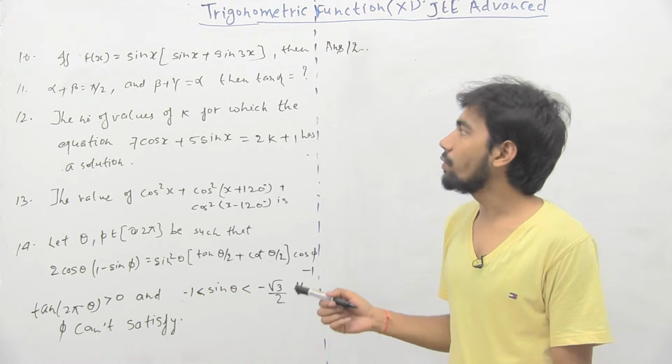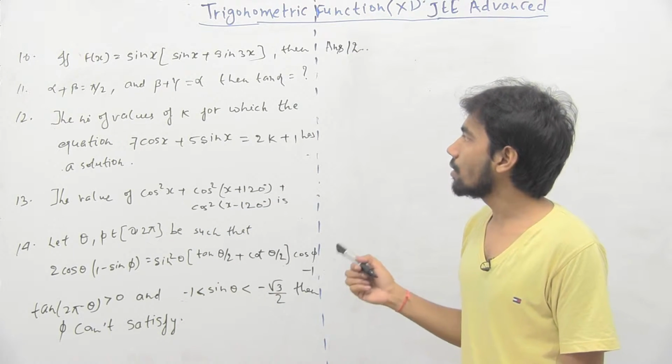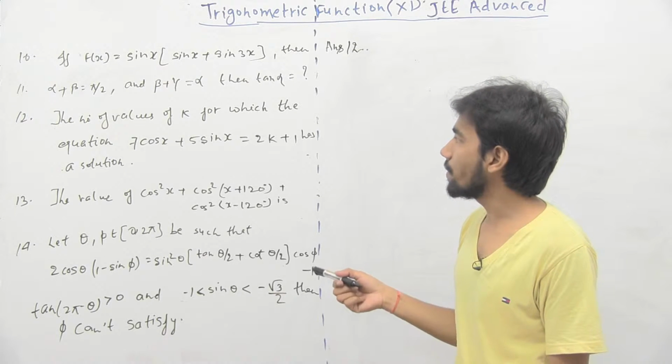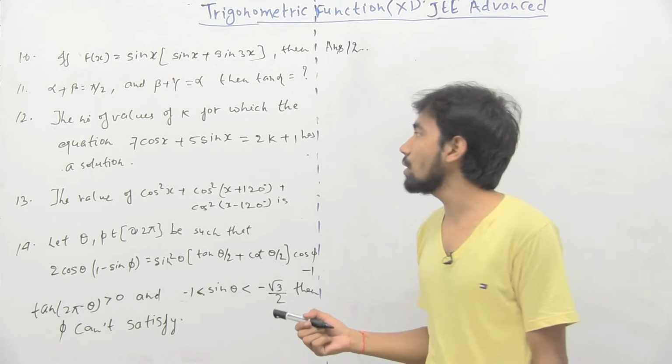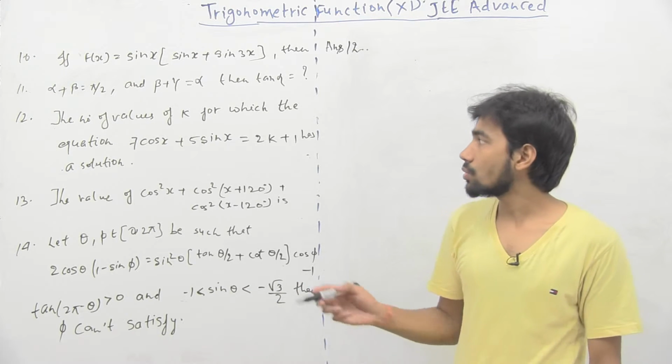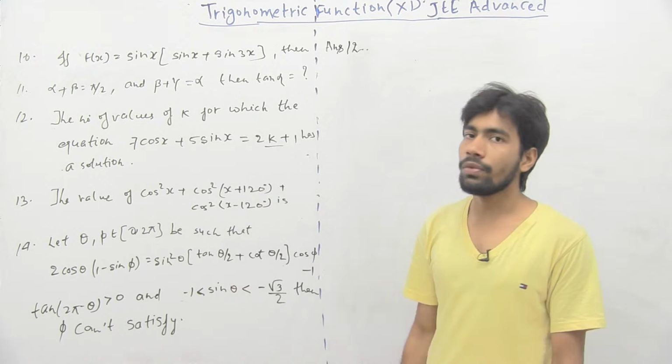Now see question number 12. The values of k for which the equation 7 cos x plus 5 sin x equals 2k plus 1 has a solution. So we have to find the range of k.